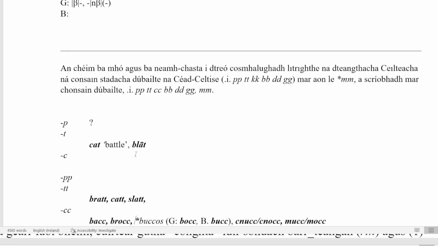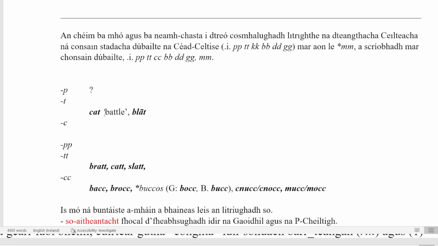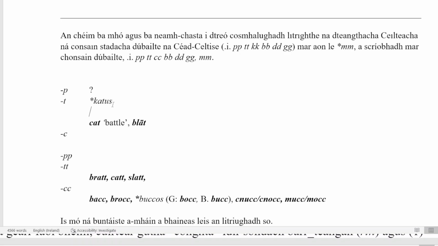So to give a very simple example, the word for battle. In Proto-Celtic, the word for battle was katus. Now, I'll show you examples later on. But basically, in Gaelic, that has become cath, or in Old Irish it became cath, I'll put it that way, where the T became a voiceless fricative, whereas in the Britannic languages, the T became a D, basically, cad.